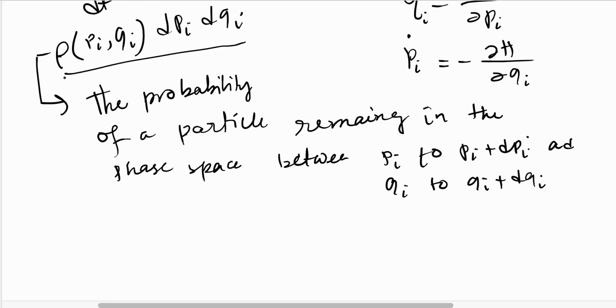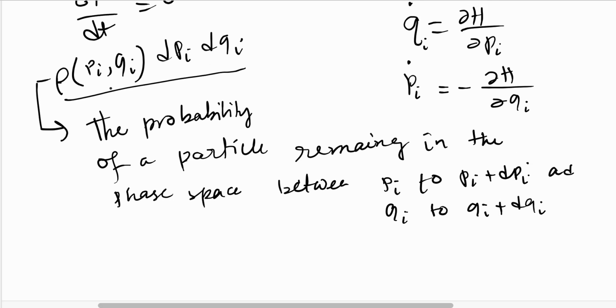It tells what is the probability that in phase space I will find a particle sitting at position qi, and at that moment possessing momentum pi. That probability is captured by this thing.